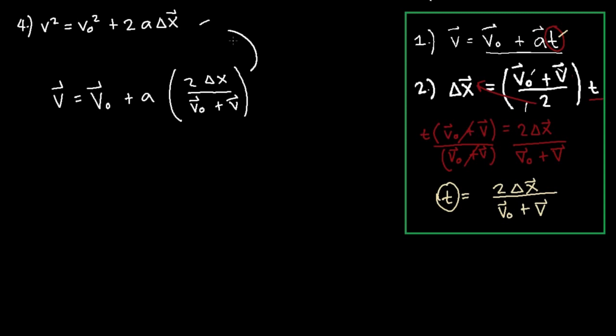So para maparehas ni siya og form kailangan nato i-rewrite ang equation. So final velocity, ibalhin sa pikas ang initial, so minus initial velocity is equal to acceleration times 2 times delta x over initial velocity plus final velocity.